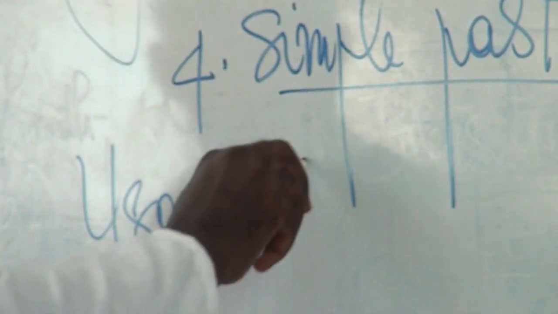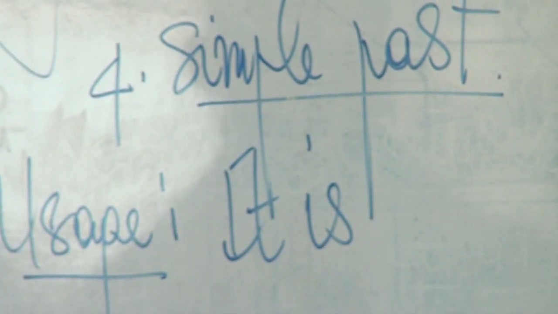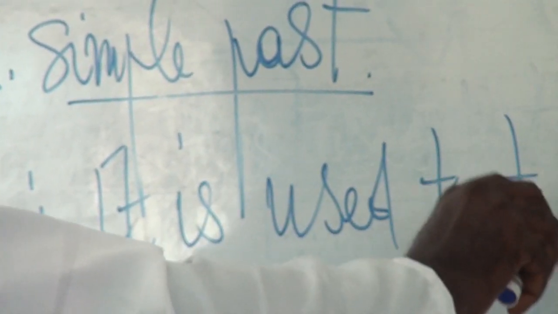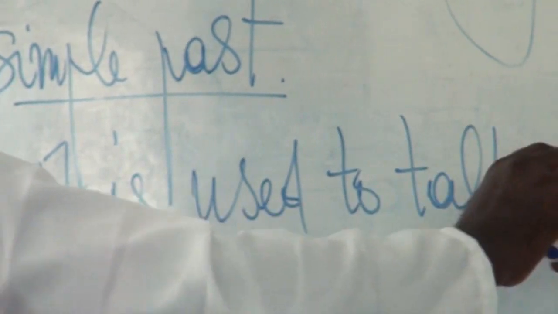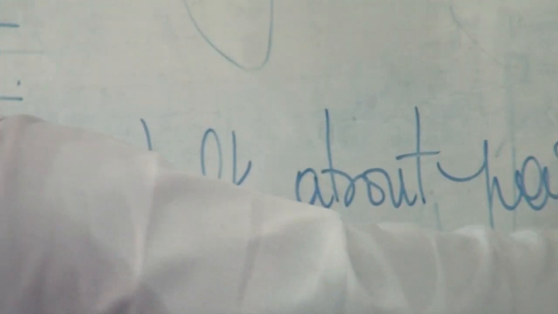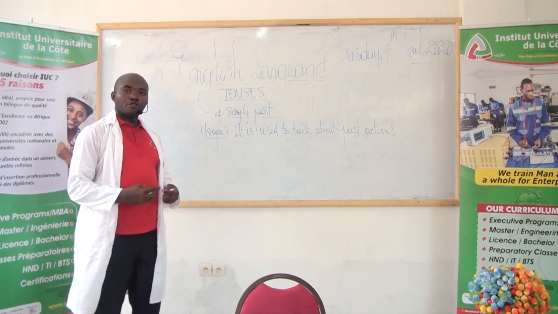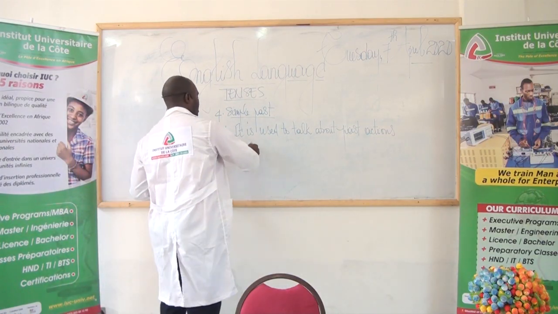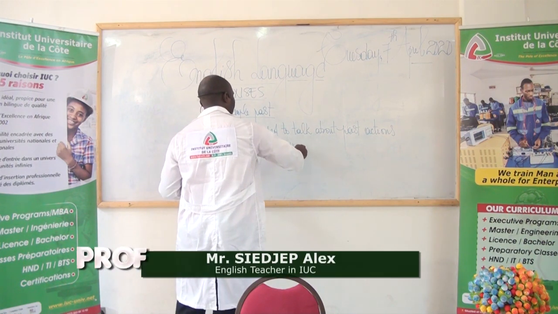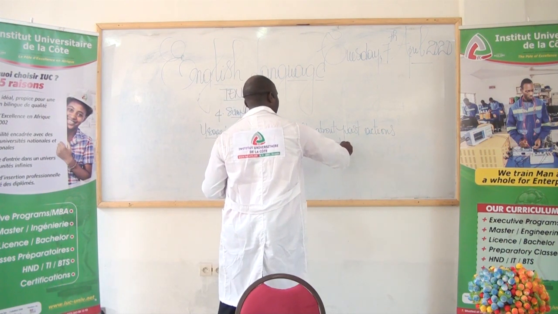When do we use it? Usage. When we say it, we refer to simple past. It is used to talk about past actions. For example, we can say we were in Australia.